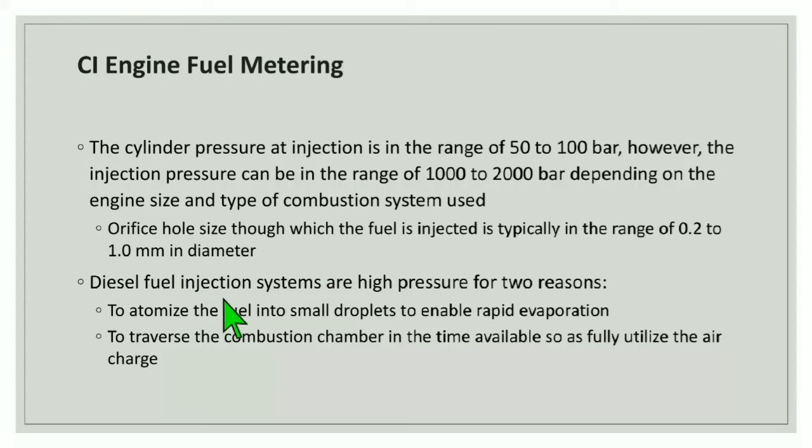Diesel fuel injection systems are high pressure for 2 reasons. Number 1, to atomize the fuel into small droplets to enable rapid evaporation. And number 2, to traverse the combustion chamber in the time available so as to fully utilize the air charge.